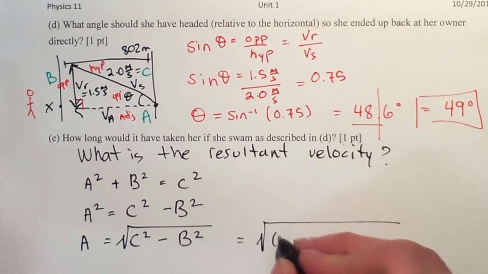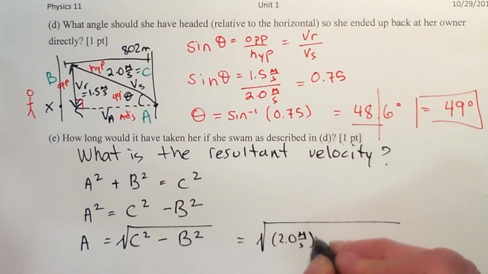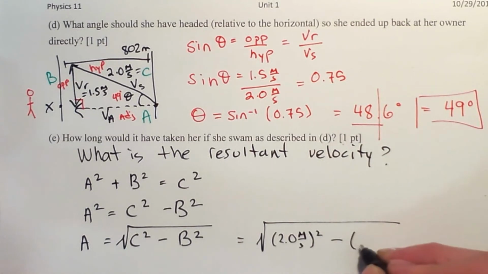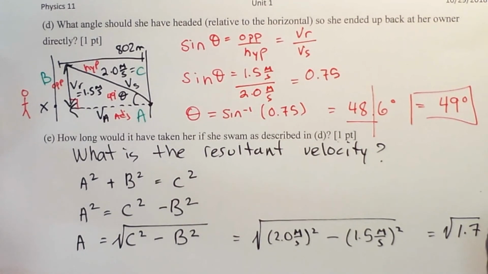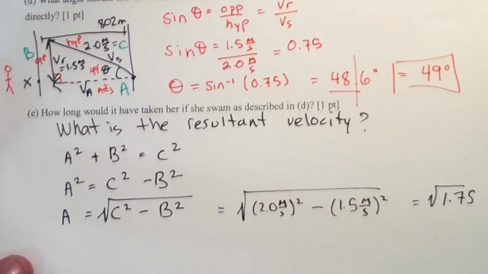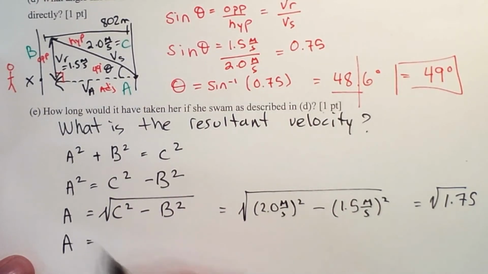is equal to root of 2 meters per second squared minus 1.75.